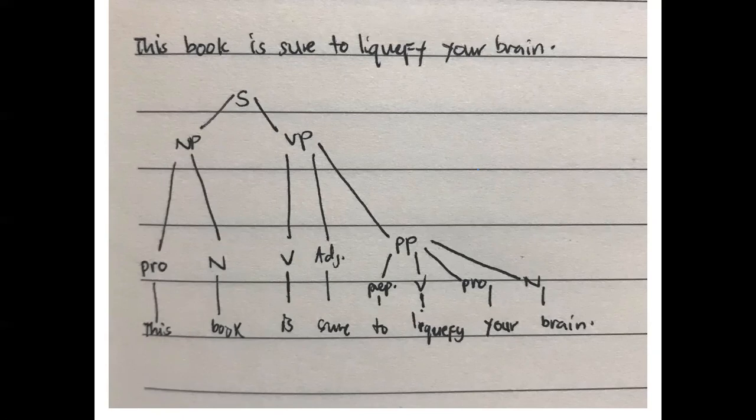Okay, wait a minute. As we try to phrase this one, this book is sure to liquefy your brain. Sure to liquefy. What does sure modify here? To liquefy, right? Then liquefy is a verb.